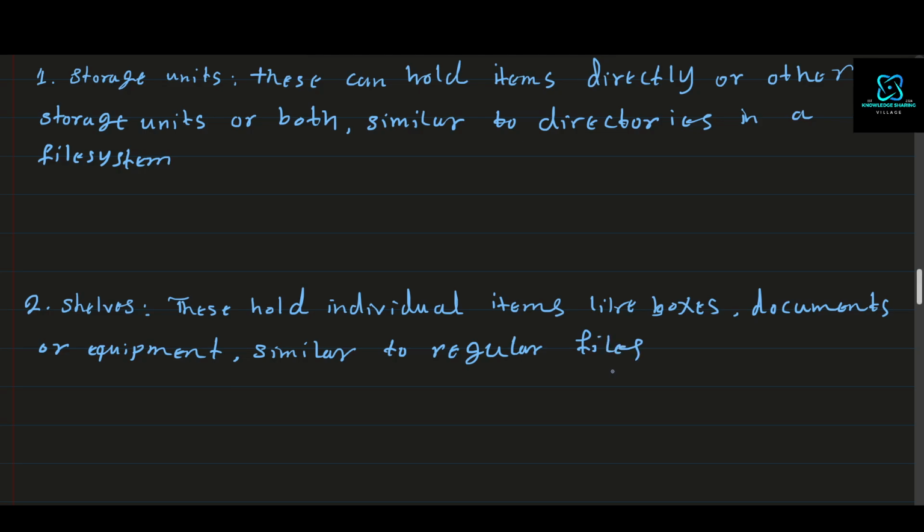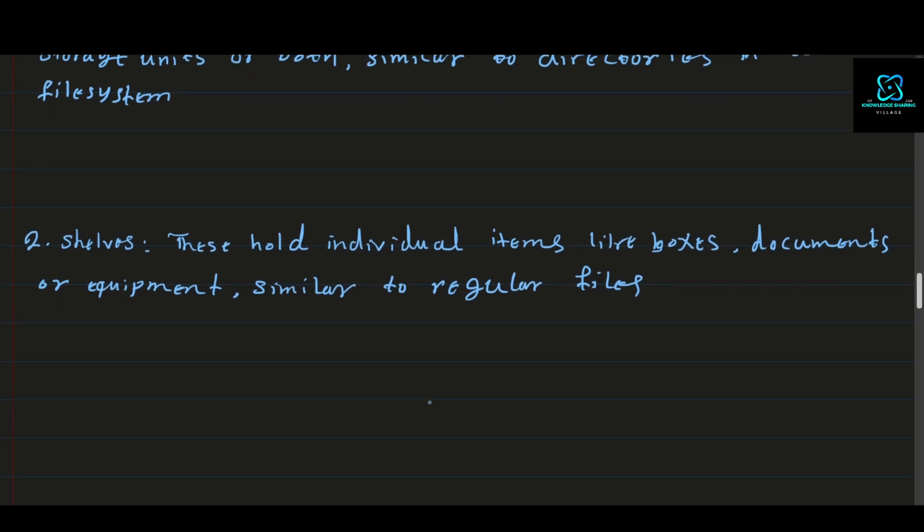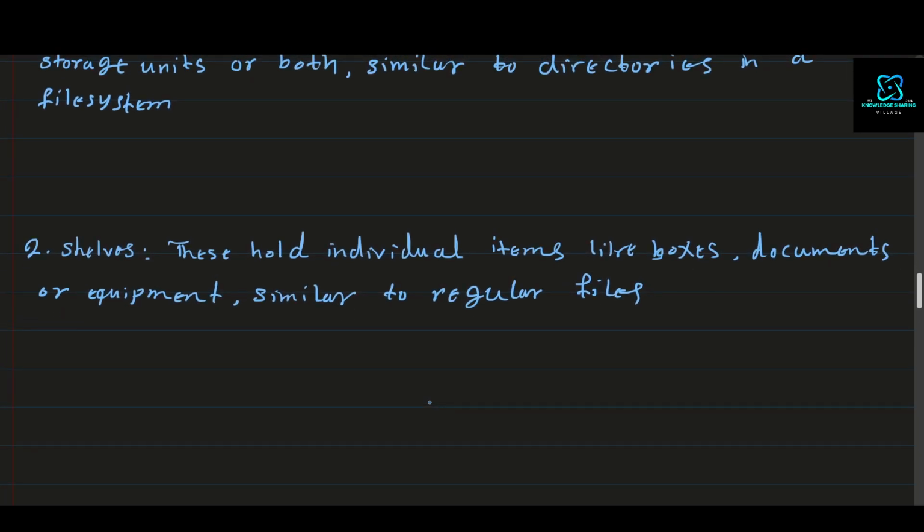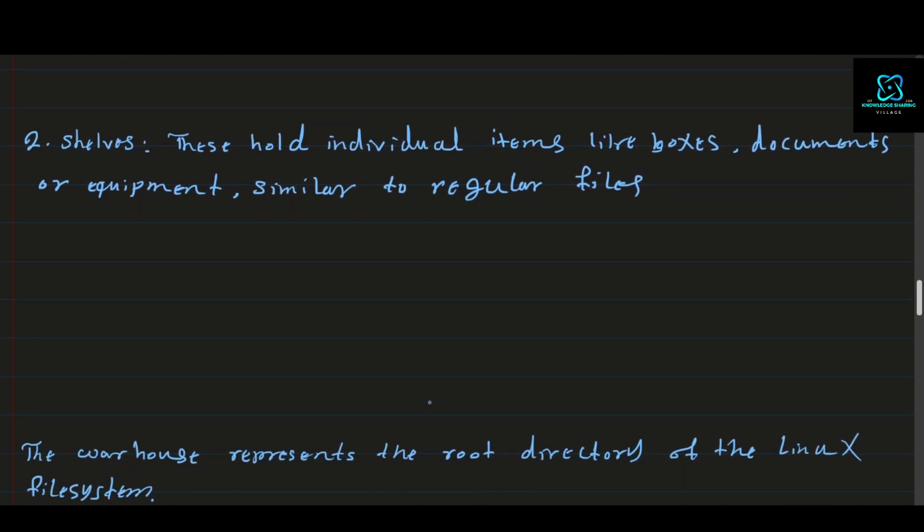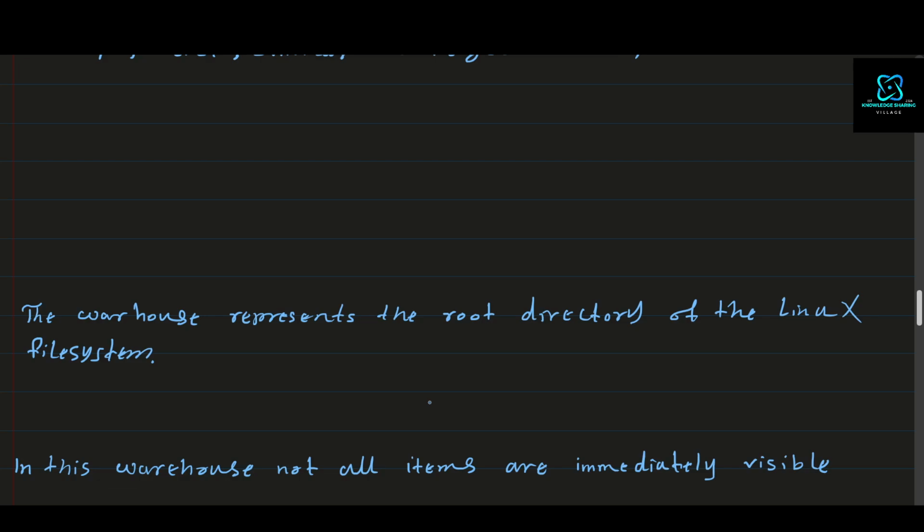So coming back to our warehouse, we have two types of storage spaces. We have storage units, which illustrate the directory in our case, and shelves, which illustrate regular files in our case. These two things you should know. Then the warehouse represents the root directory.